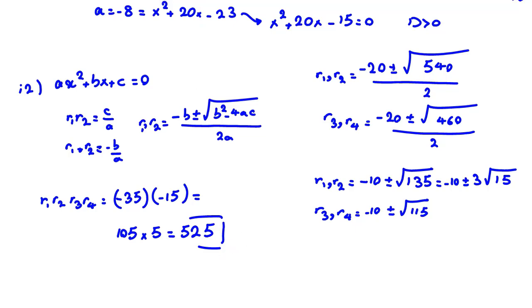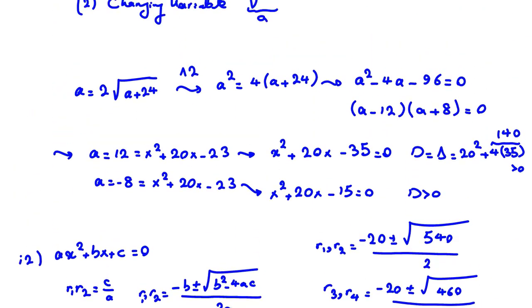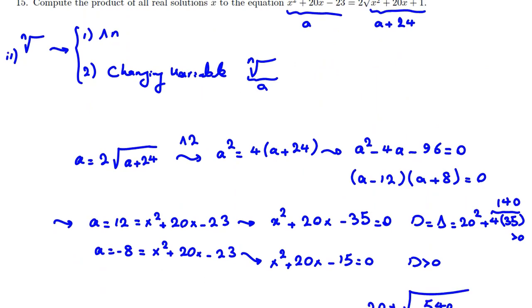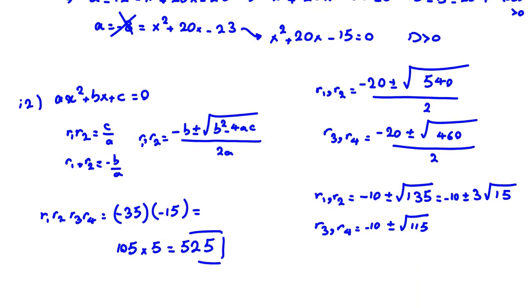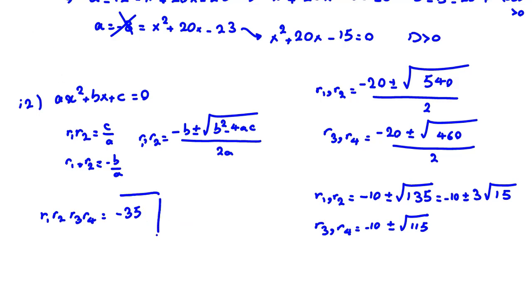Let me tell you something here. We've reached A equals 2 times the root of A plus 24. Because A equals this, A should be at least 0. So we can reject A equals negative 8. So if we check this part, we should check only r1, r2, whose product is negative 35. So the answer is this.